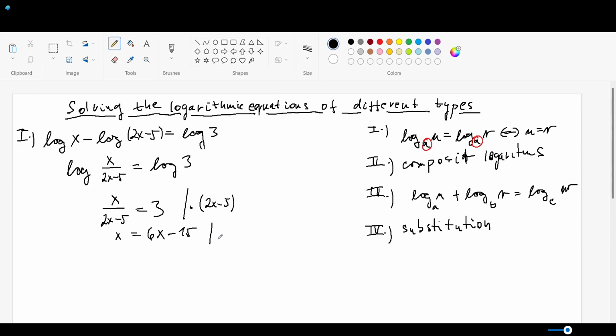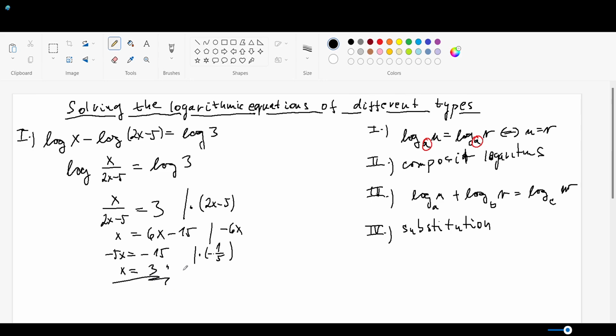Now we apply the operation take away 6x, I'm sorry, it's not times 2, but take away 6x, which means negative 5x is equal to negative 15. So multiply by negative 1 over 5, which means x is equal to 3.